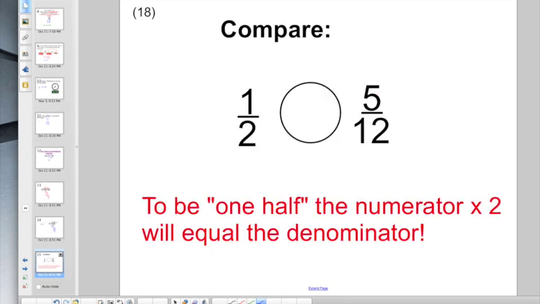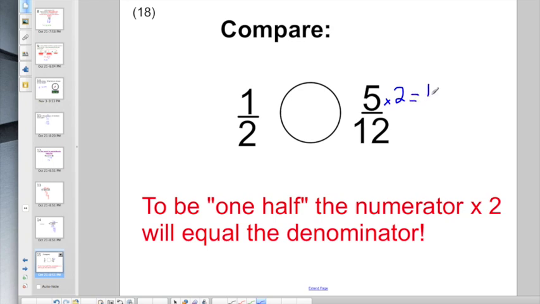Check out this one. We are asked to compare. And I want to remind you that to be considered 1/2, you got to think about the numerator, the number on top, times 2, and see if it equals the denominator. Because 1 times 2, hey, that's 2, right? That's the whole concept behind a half. But if I went 5 times 2, that's only going to give me 10, right?